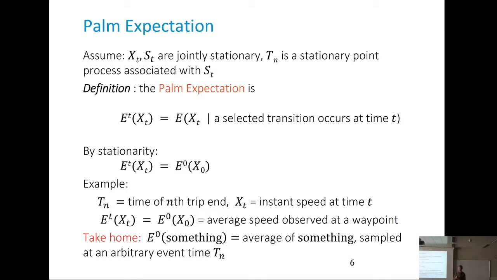In discrete time, it's different. If we have discrete times, then at every discrete time there is or there is not an arrival. But in continuous time, the probability of being exactly at t is 0. We know the probability of being between t and t plus dt is the PDF multiplied by dt, but if we shrink dt to 0, we obtain 0.